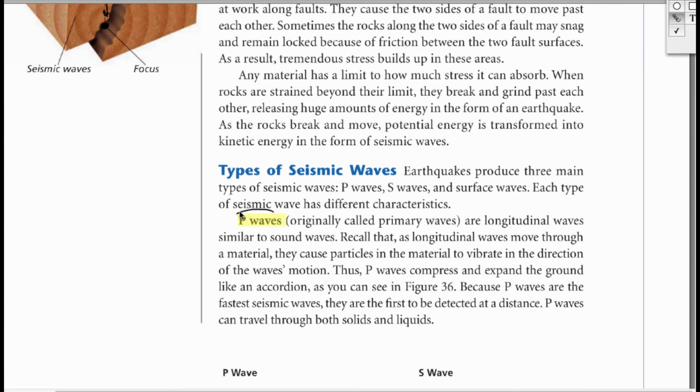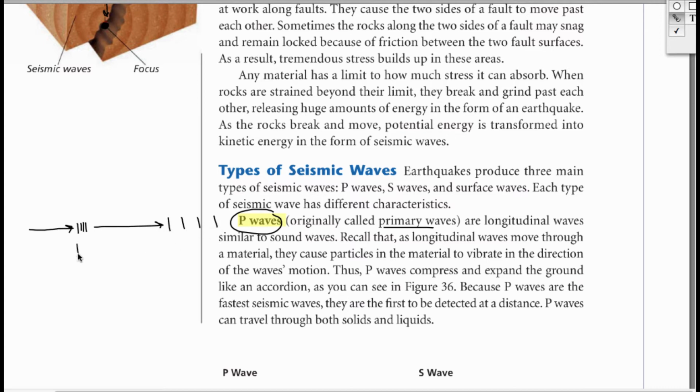As we've mentioned, P waves, primary waves, are longitudinal waves. What that means is that particles get pushed together and then they get stretched out.